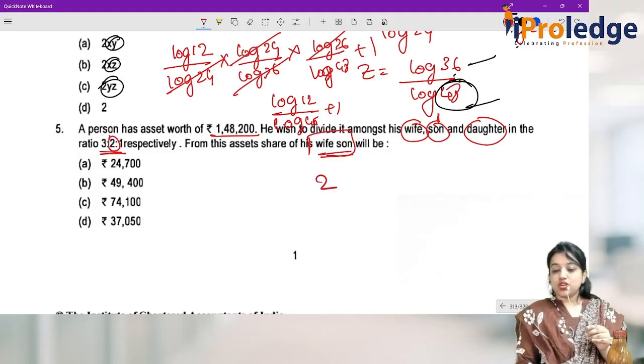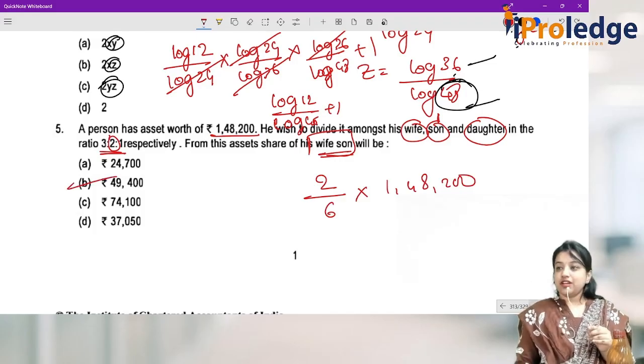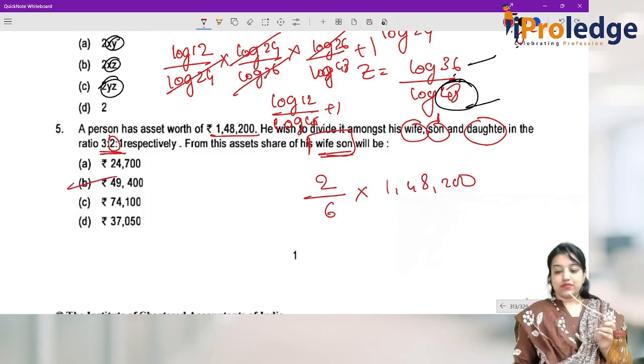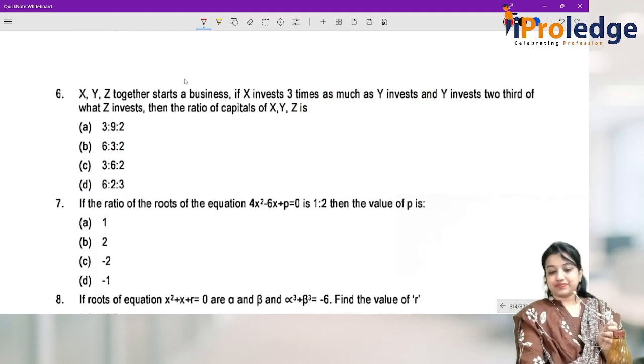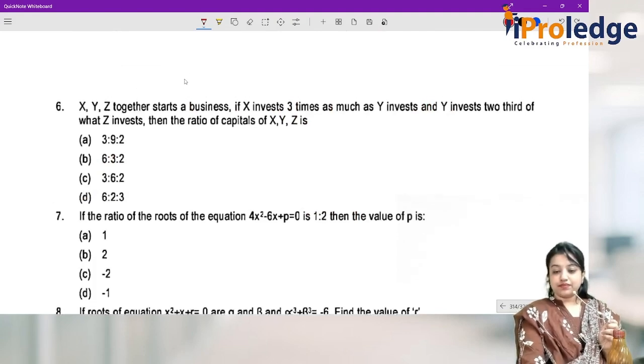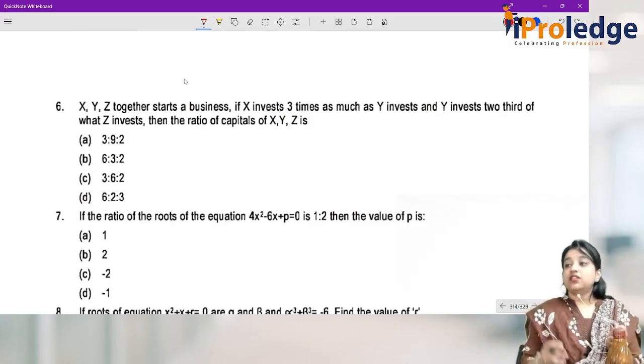Option B. 2 divided by the total ratio, 6, into 1,48,200, that is 49,400. Wife's son. Okay.